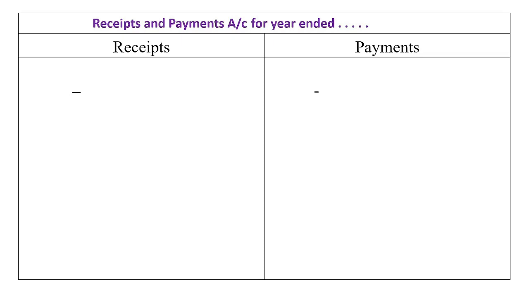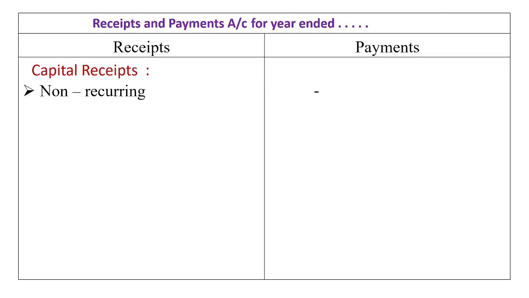Out of these, receipts are of two types. The first one is capital receipts. First of all, let me explain what capital receipts are. Capital receipts are those receipts which are non-recurring in nature. Non-recurring means our organization doesn't get these receipts for many periods or many times. So they are non-recurring.